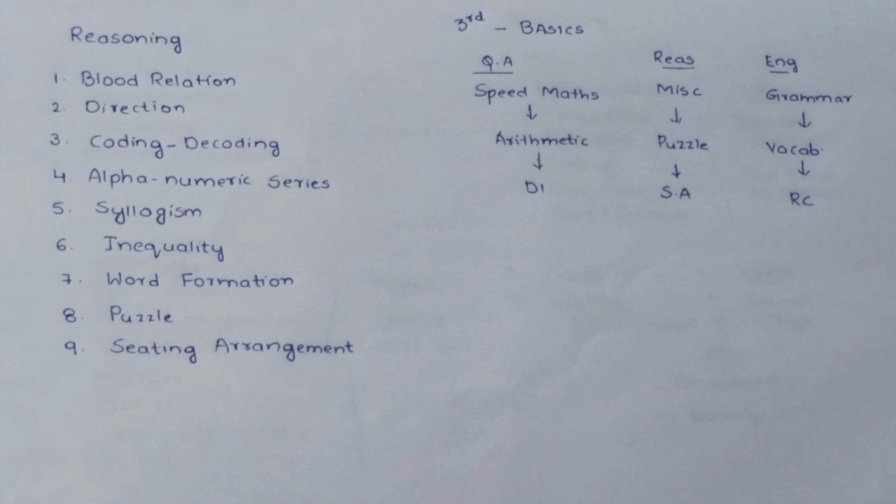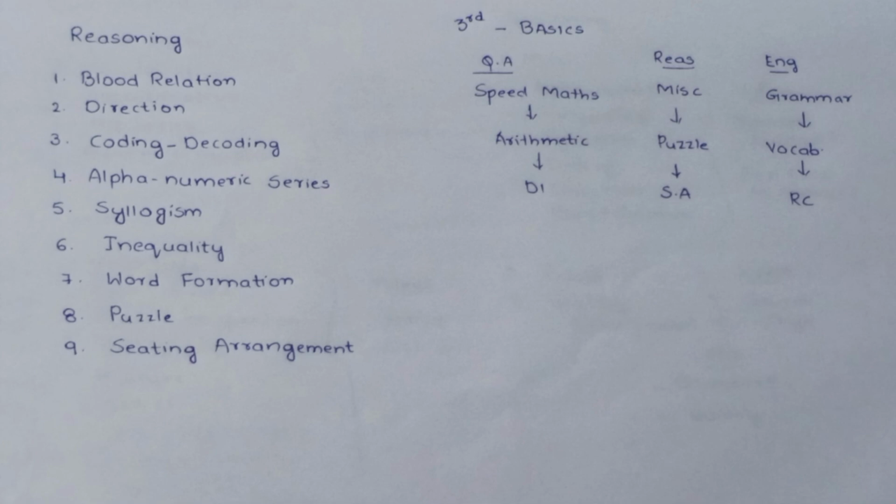And for English, divide the portion into three. The first one is grammar, which includes tense, conditional sentences, all the parts of speech. And the second one will be vocabulary. In that we will include synonyms, antonyms, idioms, phrasal verbs. And third one will be our RC, which is reading comprehension. So like that you have to divide your preparation and you have to prepare accordingly.